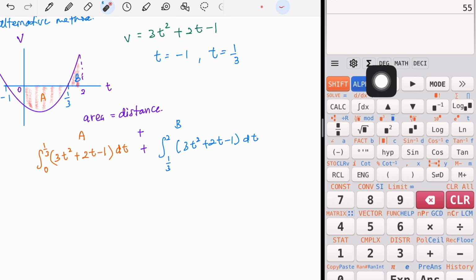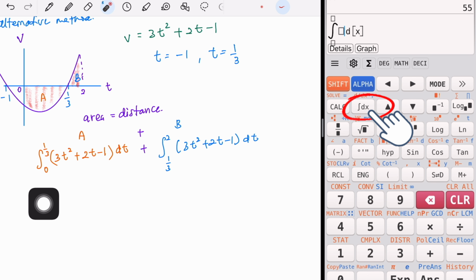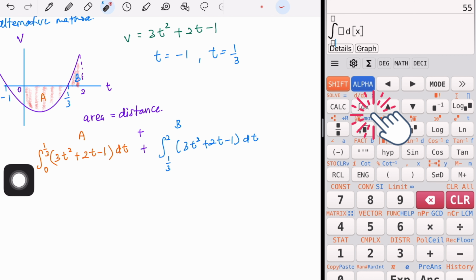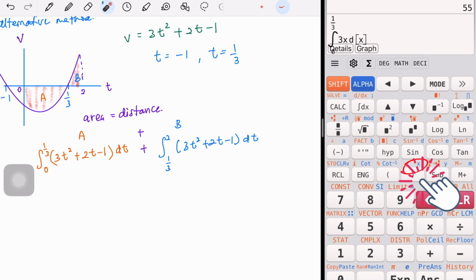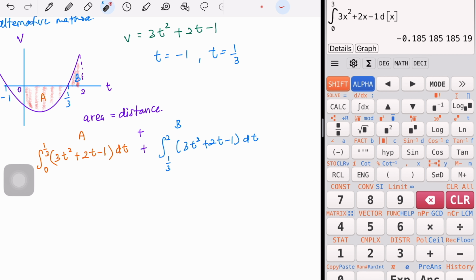Since this is a paper calculator, let's use the integral function in the calculator, starting with the limits of 0 to 1/3. I'm going to input my velocity, 3 alpha x as my unknown, power 2, plus 2 alpha x, and then just hit the equal button, and that is my answer.